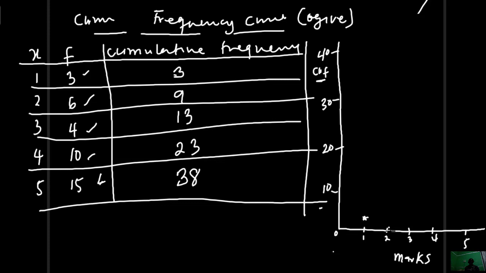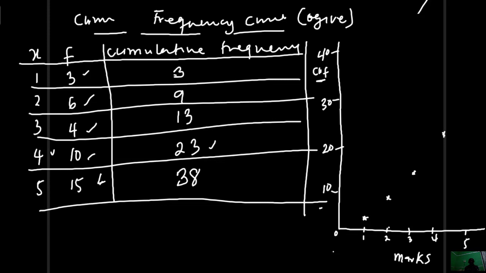So the first mark, 1, has cumulative frequency 3. You mark it. 2 is 9, then plot it. 3 is 13. We plot it. 4 is 23, a little bit above 20.